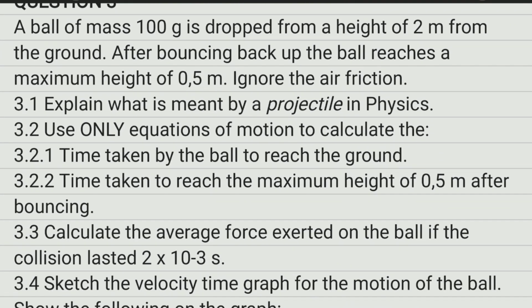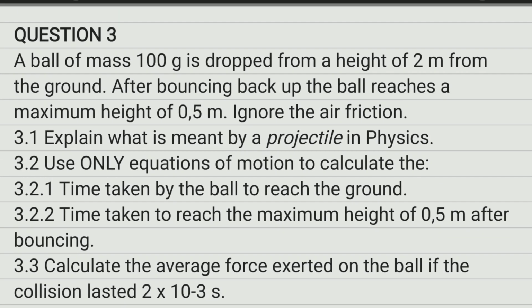Now this question said, a ball of mass 100 grams is dropped from a height of 2 meters from the ground. After bouncing back up, the ball reaches a maximum height of 0.5 meters. Ignore the air friction. 3.1. Explain what is meant by projectile in physics.